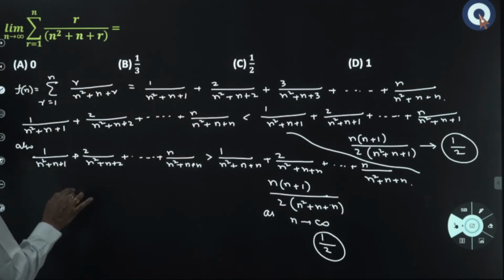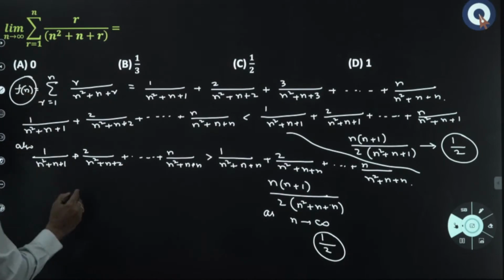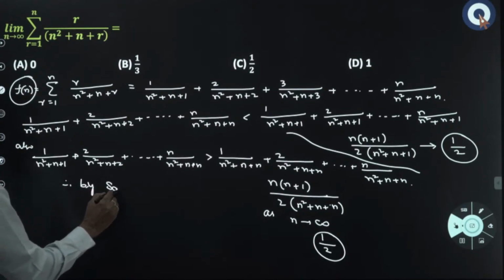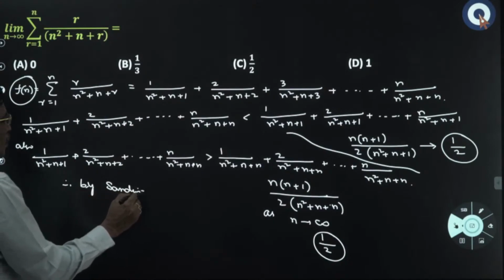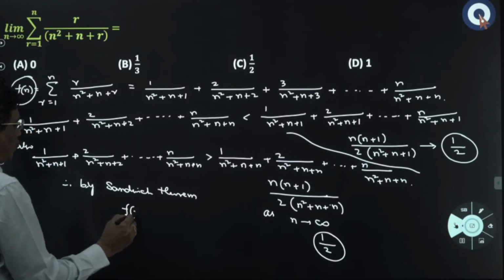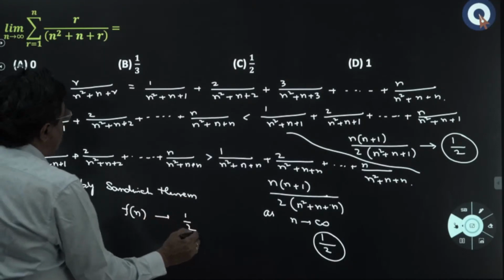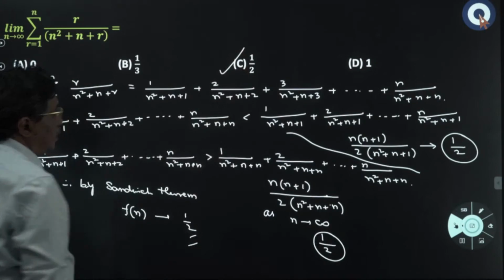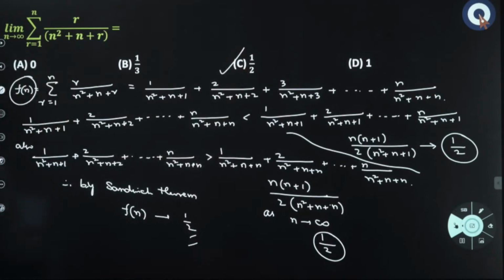So therefore, by sandwich theorem, f_n also should go to 1 by 2. So your answer is 1 by 2. All right.